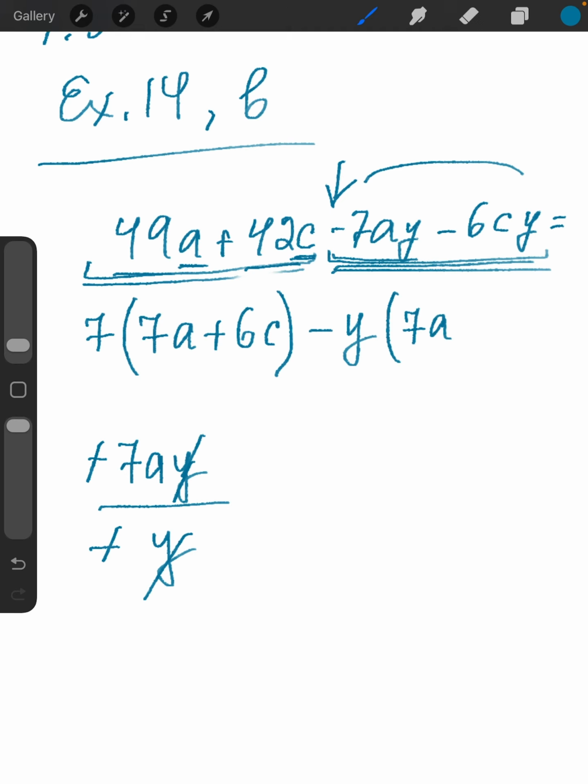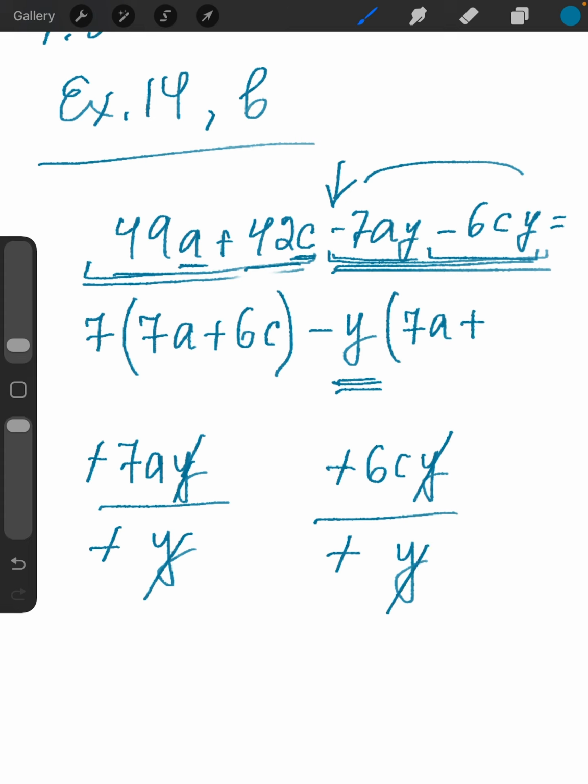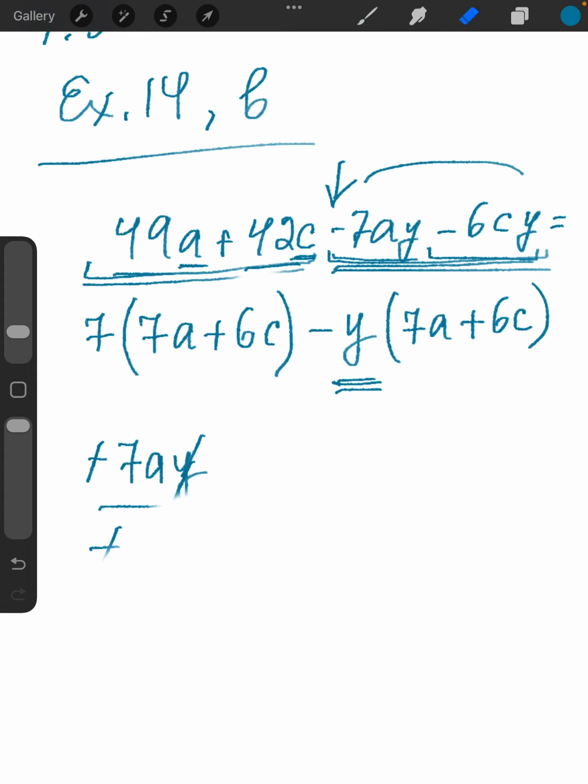Okay, and now the second term here, negative 6CY divided by negative Y outside the parentheses here. And once again, the minus sign disappears and the Y disappears, and we get plus 6C, right? And here, if we look carefully, we will notice something amazing.